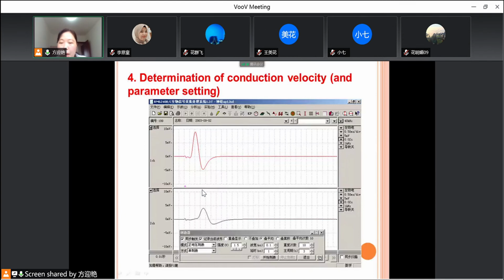Understand here? Not 0.0003, it is microsecond.